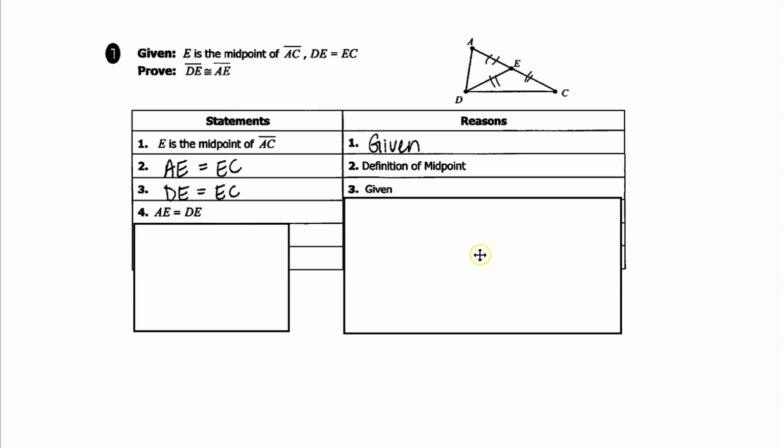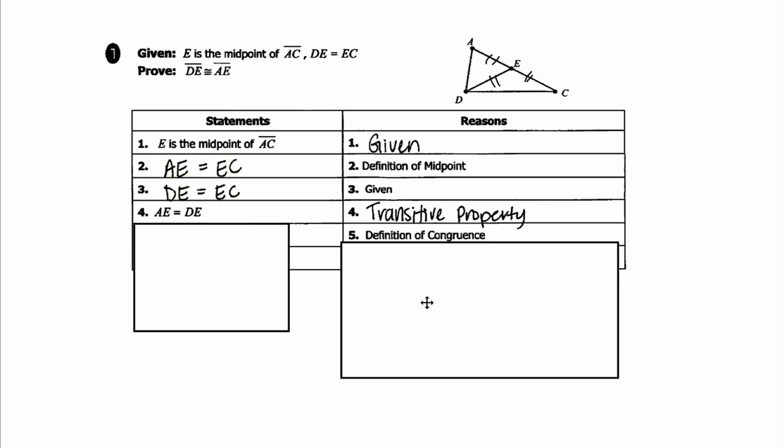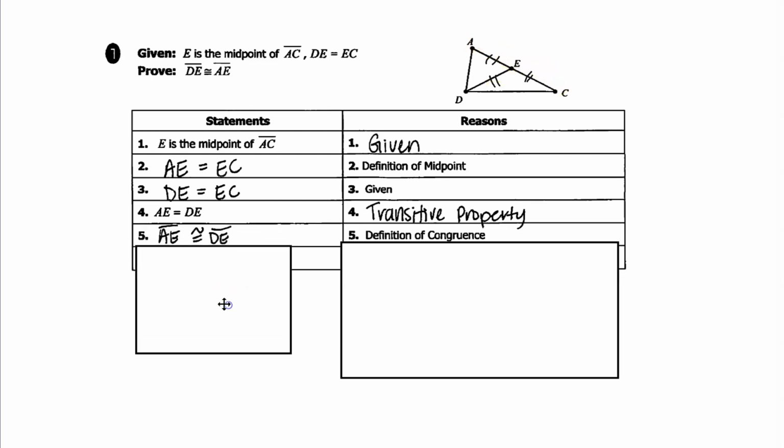Well, that is the transitive property, right? All we're doing, if we eliminate this, we're left with these two. Then we have the definition of a midpoint. Well, that would make AE equal to EC. AE equal to DE. Oh, definition of congruence, excuse me.